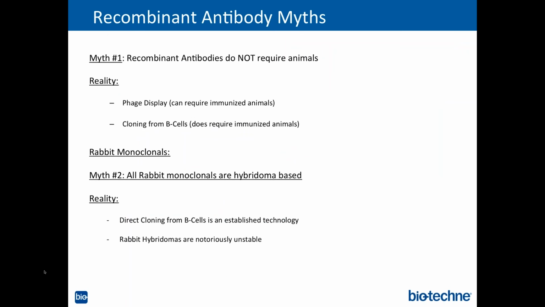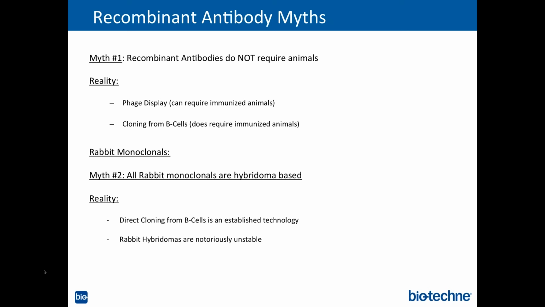So the one thing that we came across in the last year that I just wanted to bring up here first is there seem to be 2 misconceptions sometimes out there within our customer base. And the first one that I just wanted to address very briefly is that recombinant antibodies do not require animals.